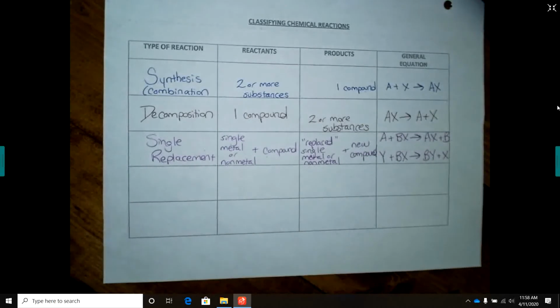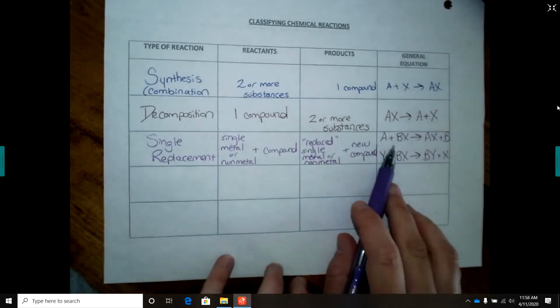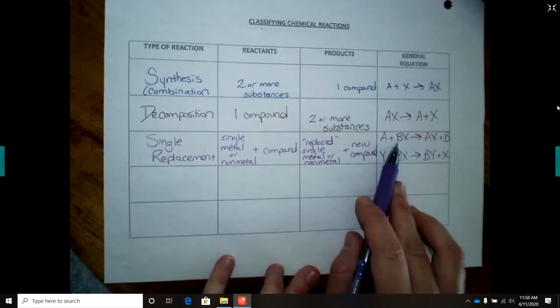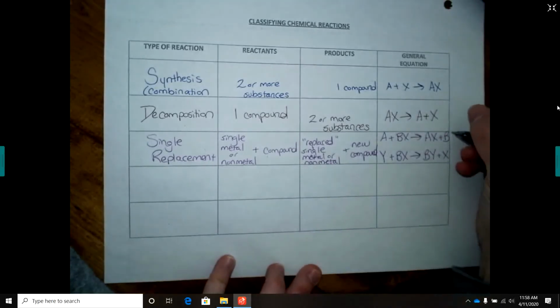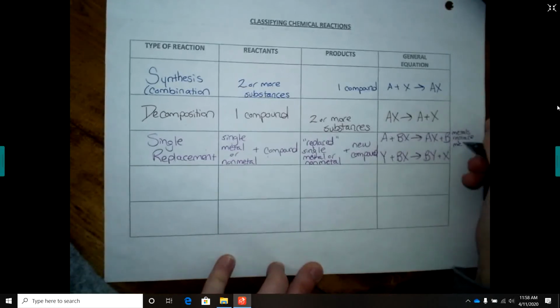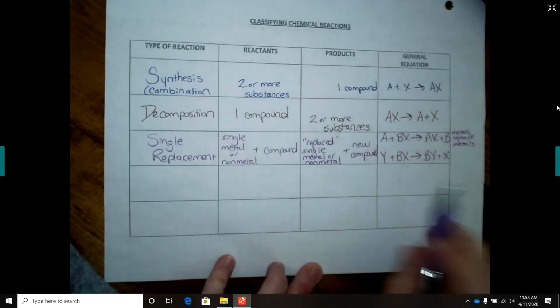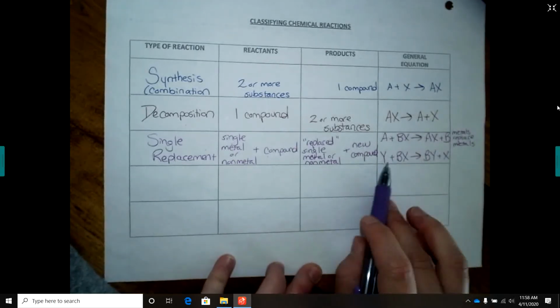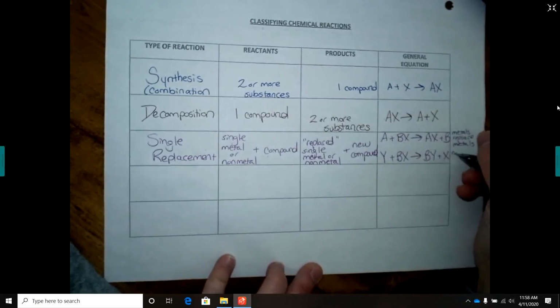Now what I want you to notice, the difference between these two, is in this first one, A and B are representing metals. So metals replace other metals. And down here, Y and X represent non-metals. So non-metals replace other non-metals.